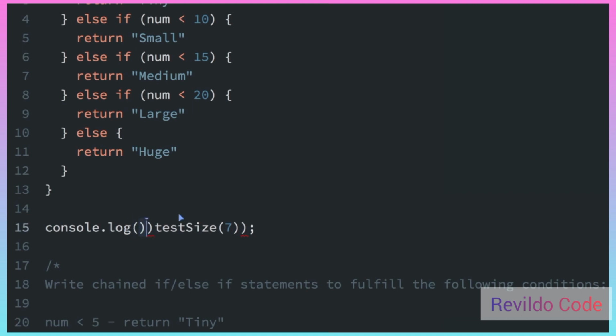Let's try that again. Small, but if this is 20, it should be huge. And if it's 19, which would be less than 20, we should see large. Yep, that works.